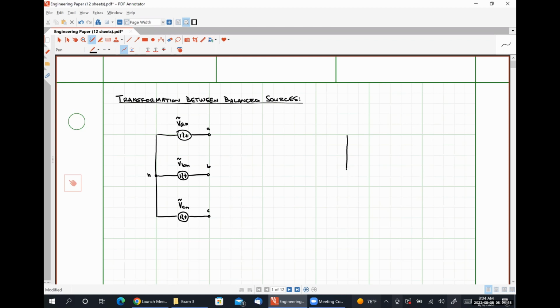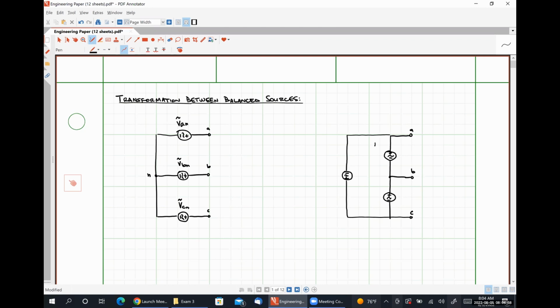And over here on the right, I'm going to draw a delta connected three-phase source. Where we have terminal A, B, C. I'm going to make that C look more like a C so that it's clear.